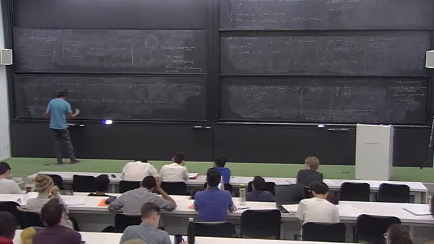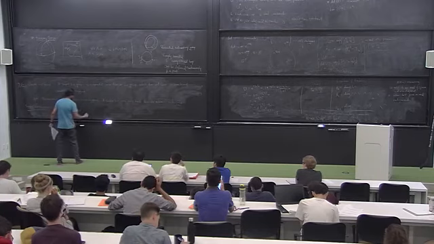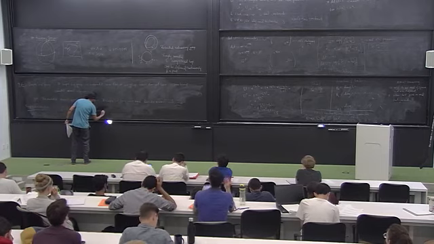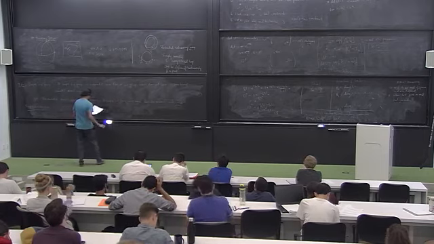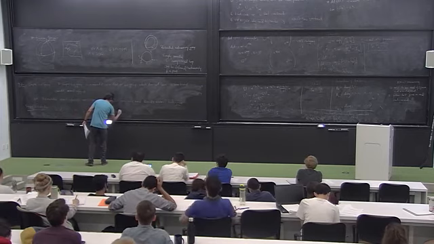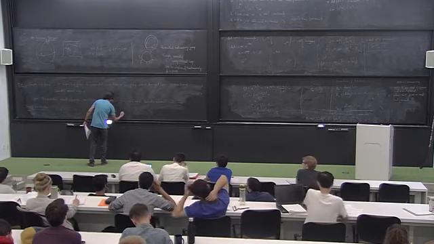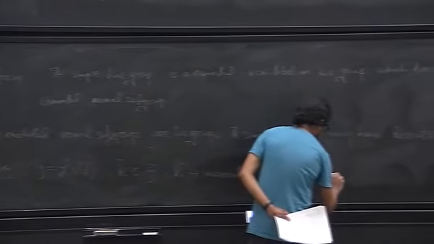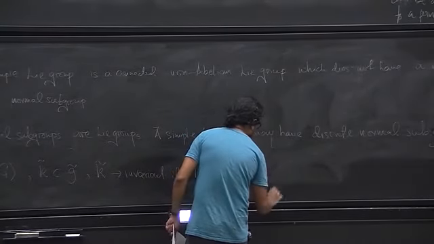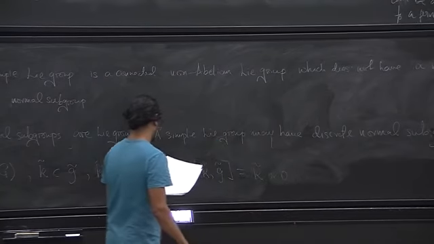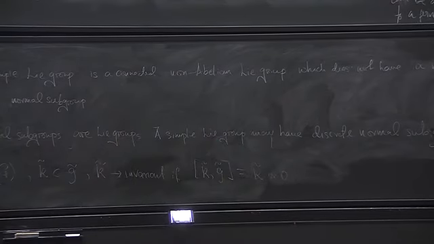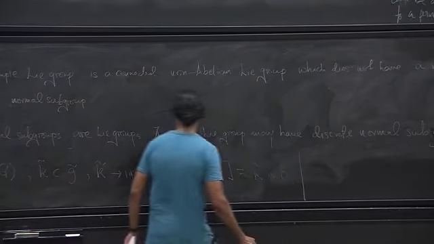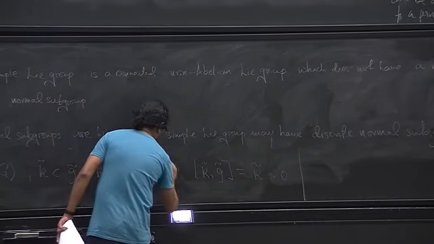Now K is said to be invariant if the commutator of K with all the elements of the Lie algebra G is either in K or vanishes. So this is called K is an invariant subalgebra.